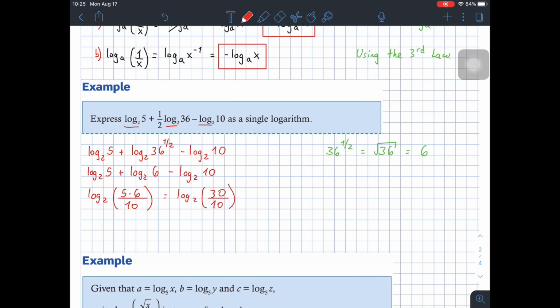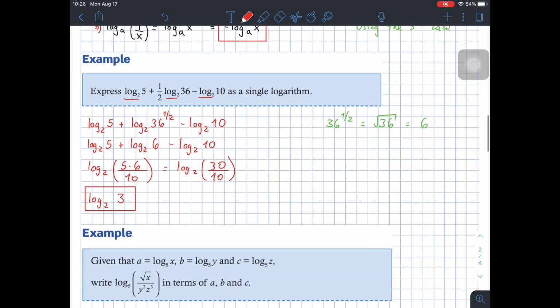And 30 divided by 10, that's 3. So the result of this would be log base 2 of 3. And this is the answer. We rewrote that whole expression as a single logarithm, which is what we're asked to do in this exercise. So log base 2 of 3 is our final answer.